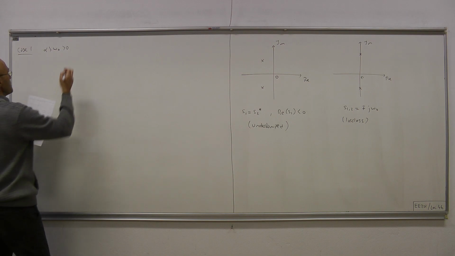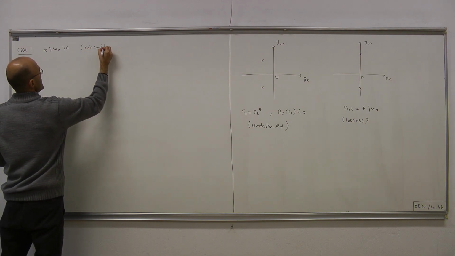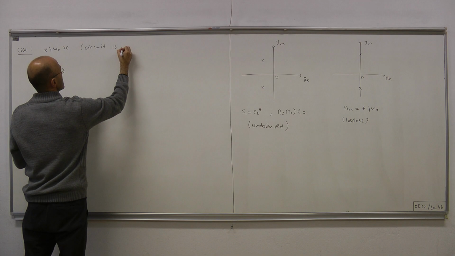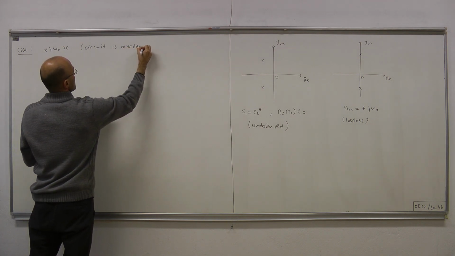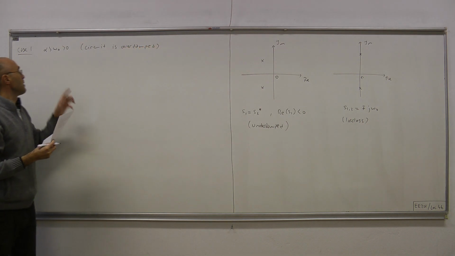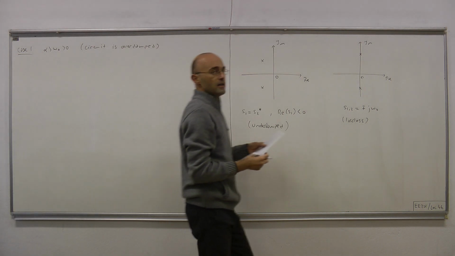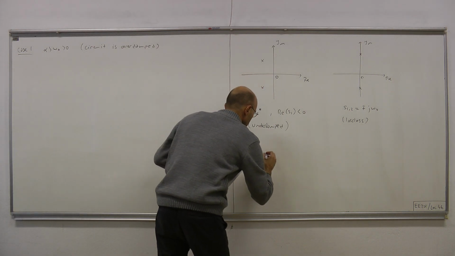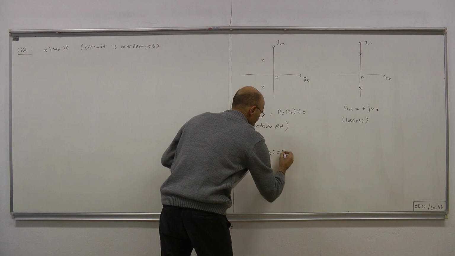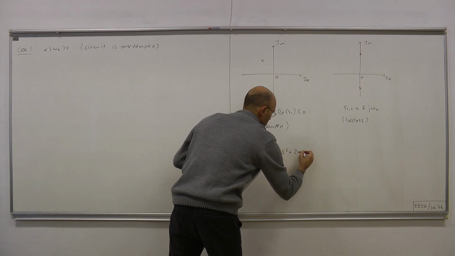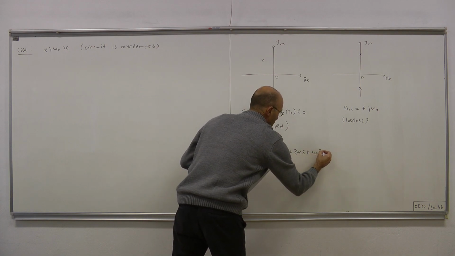This is when the circuit is overdamped. So remember alpha and omega 0 appear in our characteristic polynomial as s squared plus 2 alpha s plus omega 0 squared.